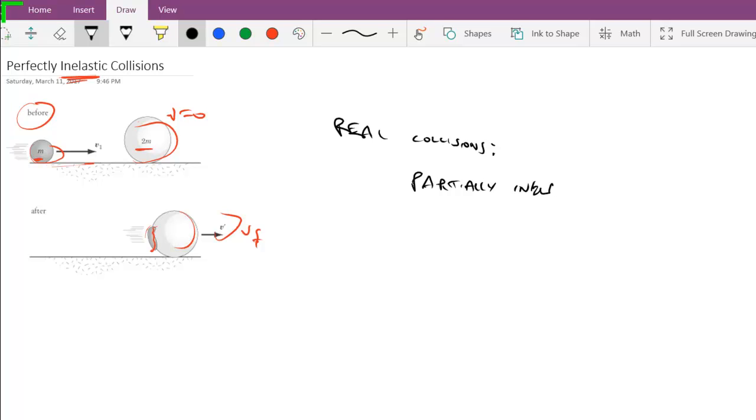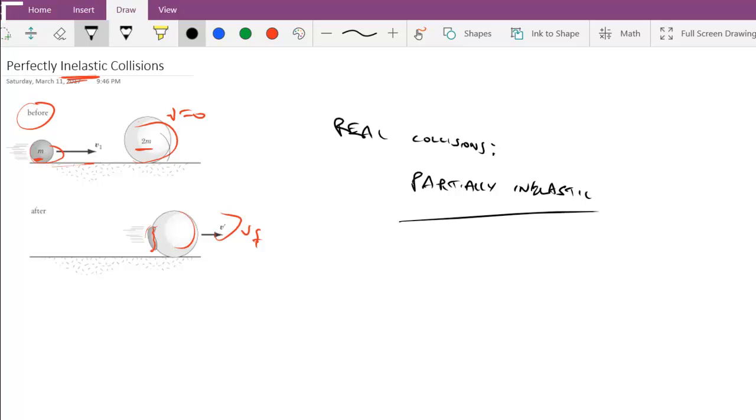But we would need to know exactly how inelastic they are or how elastic they are in order to make any calculations, so we're not going to discuss them very much. We're going to look at two extreme cases in which some things do fit this bill. Let's say we have a clay ball running into something much harder, and they stick together. We could consider that to be perfectly inelastic.